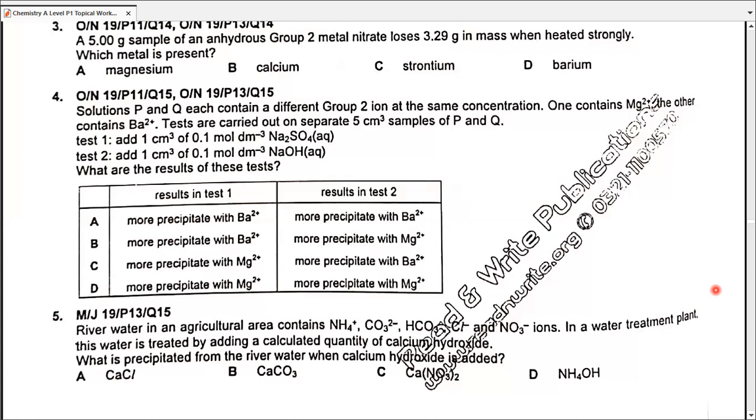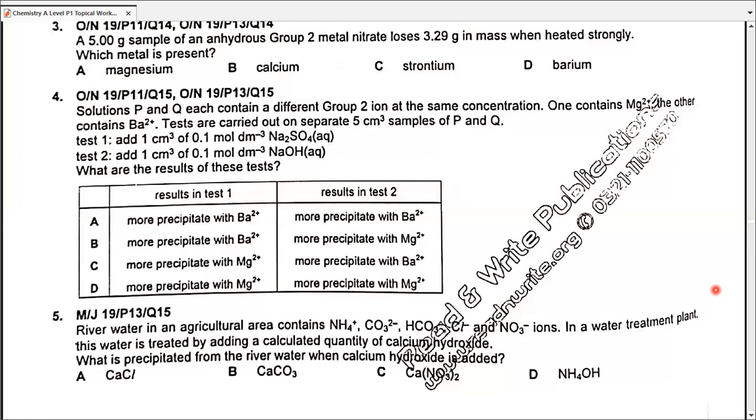It's either B or D. It can't be C. D or B? B for ball? It can be either B or D. It can't be A or C. Yes, so B, ball. B. Very good.